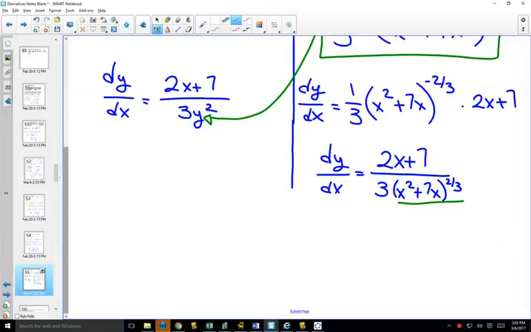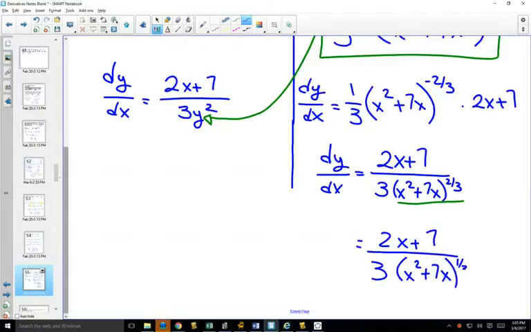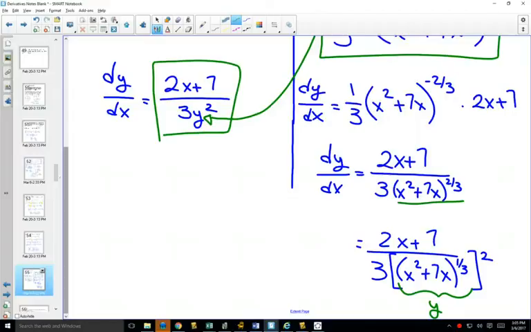Or the other way is to look at rewriting this side. I'm going to change this x squared plus 7x to the 2/3 into the 1/3 squared. Because 2/3 is like doing to the power 1/3 and then squaring afterwards. And this part here is just y, and it matches up with this.